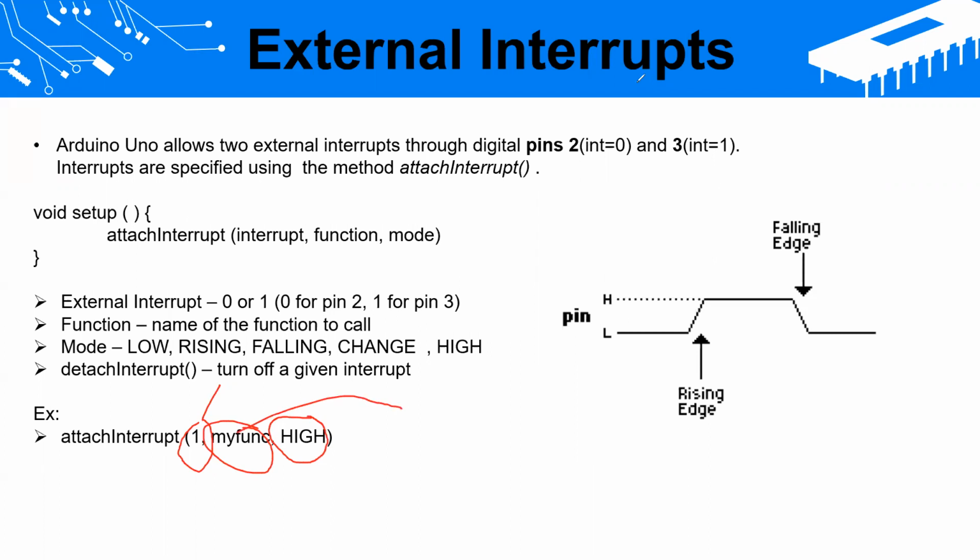If you put low here, and low voltage is sent to pin number 3, then this function will be called. If you put rising here, then at the point where the signal rises, this function will be called. Is it clear?